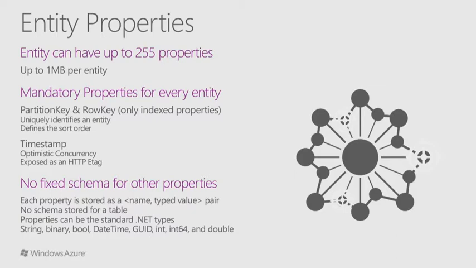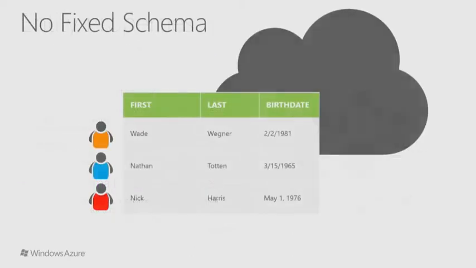So I can store my name, address, birthday, blah, blah, blah, out to 255. There are a couple that are required, though. You have to have a partition key and a row key, which is similar to primary keys. And you have to have a timestamp for when that thing was touched. Again, no fixed schema, no relational data. It's not a SQL Server relational table.